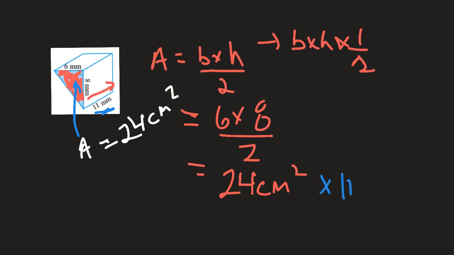We're not measuring in centimeters, we're measuring in millimeters, so it's 11 millimeters. So 24 millimeters squared times 11 millimeters equals 264 millimeters cubed. And don't make a mistake like I did and not look carefully at your units. So just be careful.